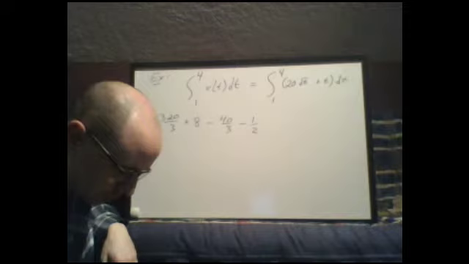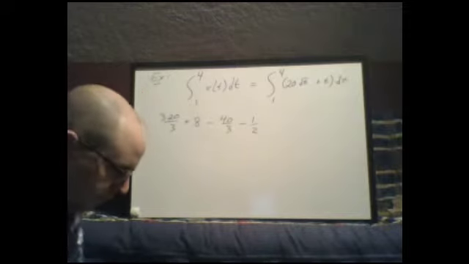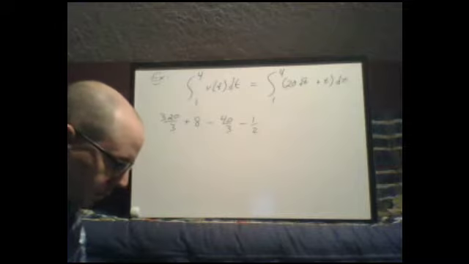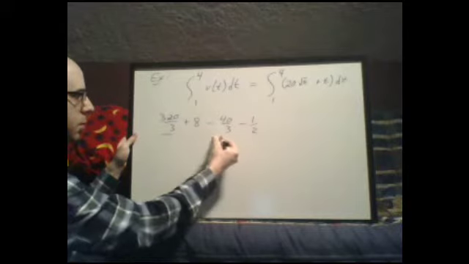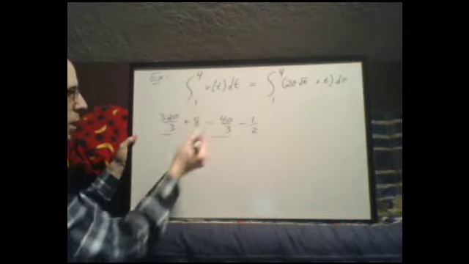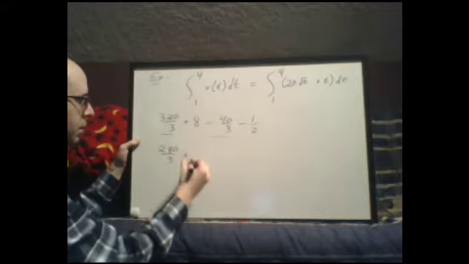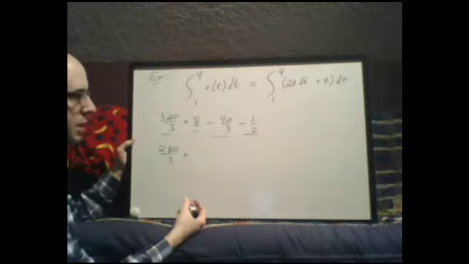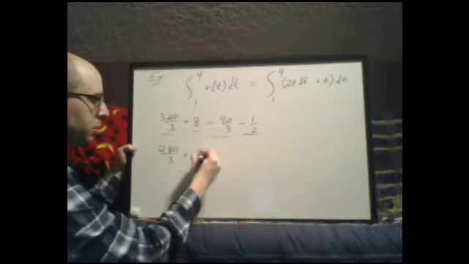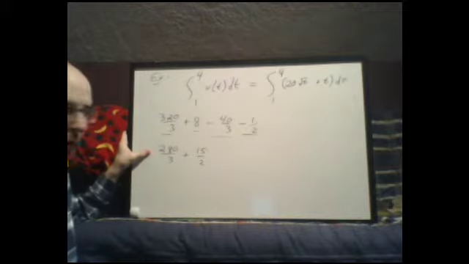All right. Where does that leave us? Let's combine like fractions here. 320 minus 40 is 280. Let's do the 8 and the minus 1/2. 8 is 16 over 2, so that'll be 15 over 2. And now we can get the common denominator here.